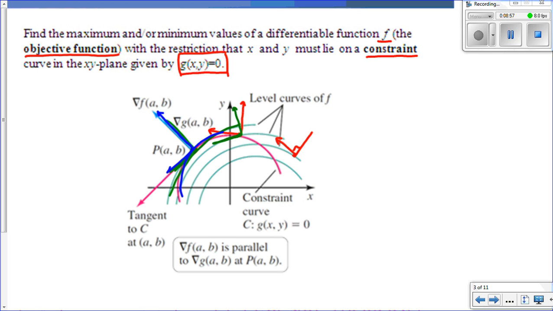So we're going to take the gradient of f, and we're going to find the point AB where that gradient is a multiple of the gradient of the constraint. When we find those points, we'll have our maximum and minimum values.